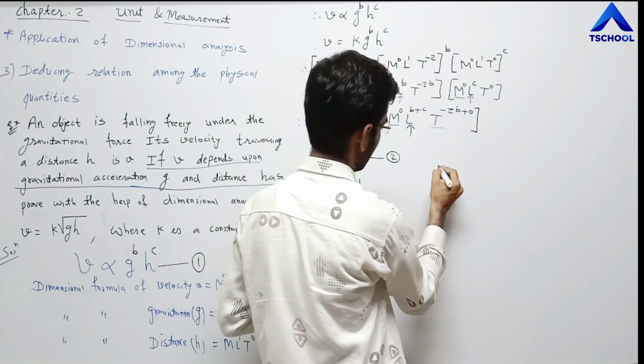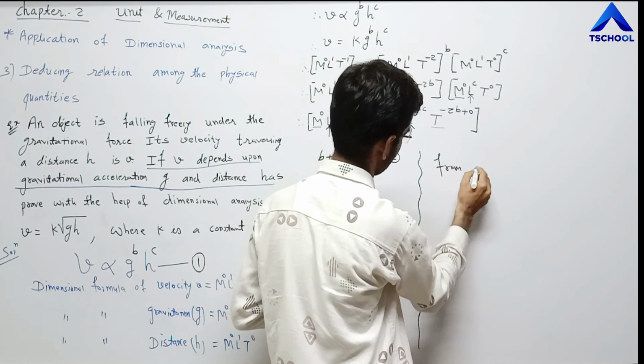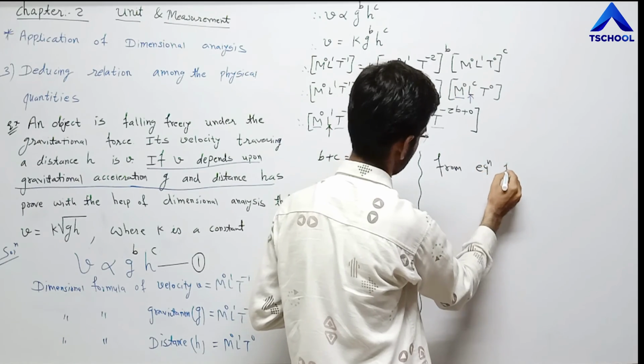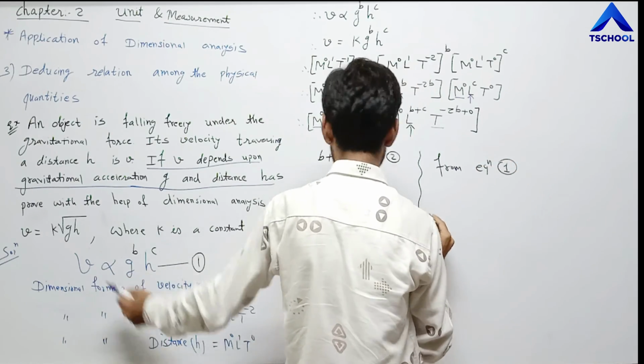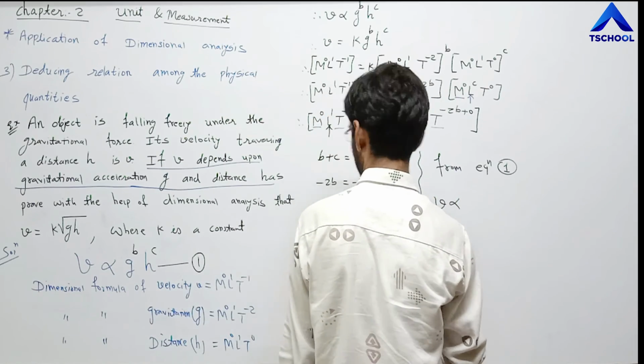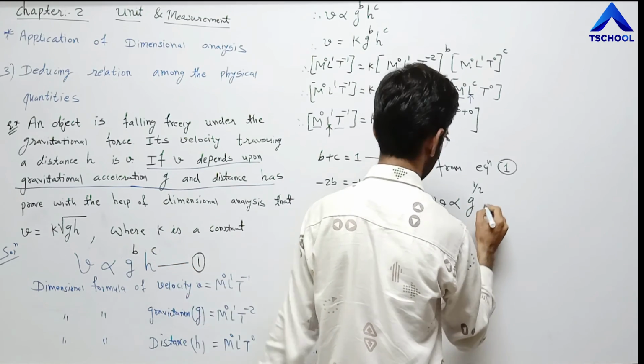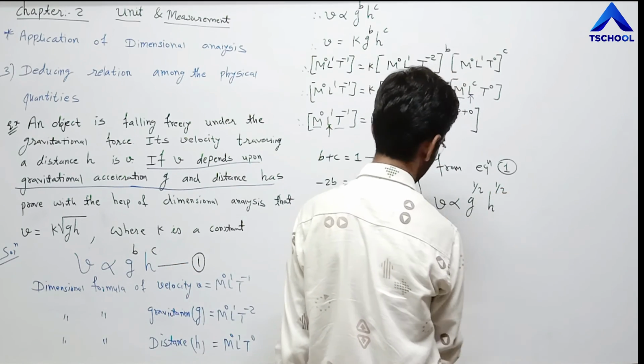From equation 1, v is proportional to g power b, which is 1 by 2, and h power c, where c is equal to 1 by 2.